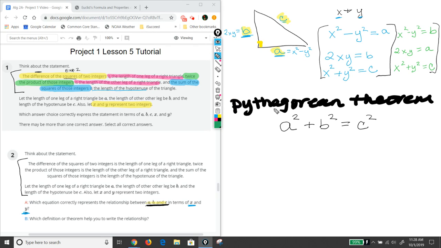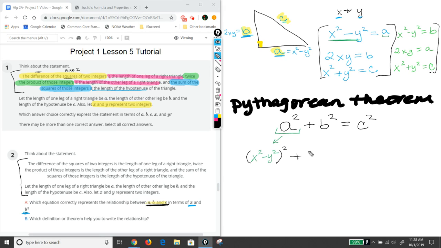So look in here, I can recognize that A, well, that's right here. So I can replace A with the x squared minus y squared. So I'm going to do that. A gets replaced with an x squared minus y squared. But remember, in the Pythagorean theorem, that A value is squared. So it looks like a whole bunch of exponents of 2 there.